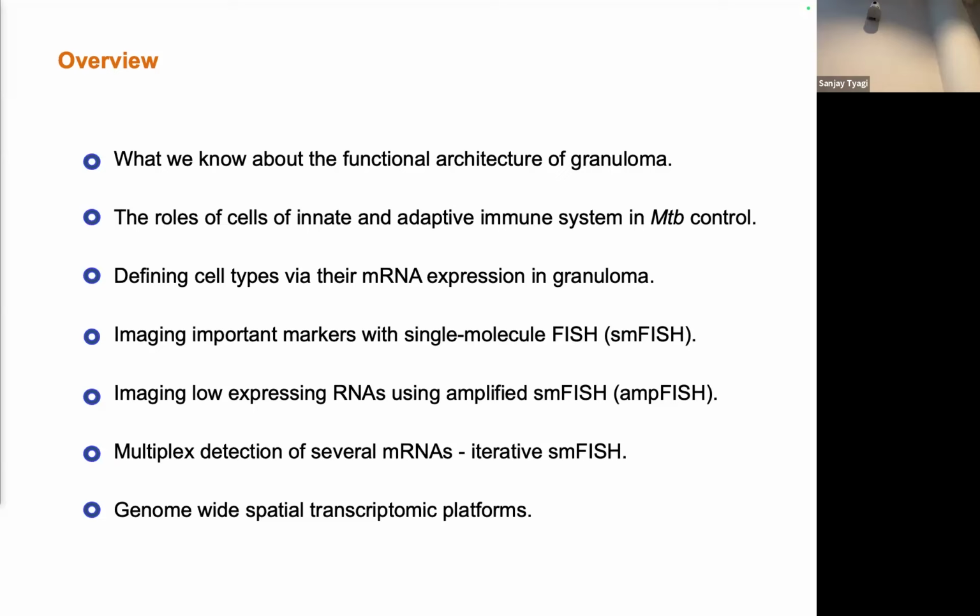And then a little bit about these new platforms that have arrived that allow you to do image analysis of hundreds and thousands of RNAs at the same time, and how those technologies could be used to study objects like granuloma.